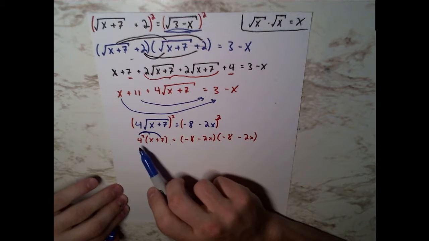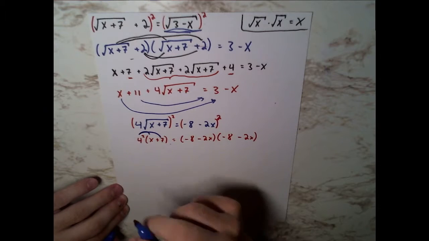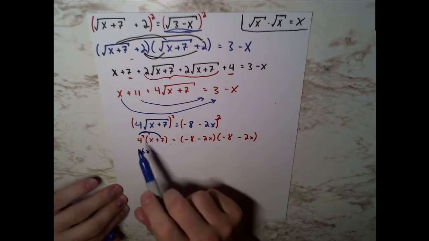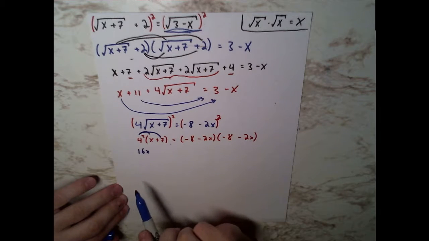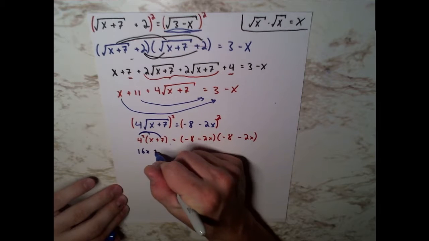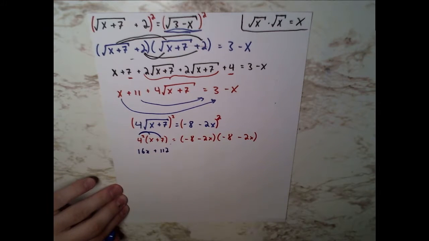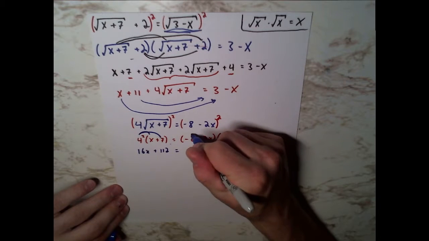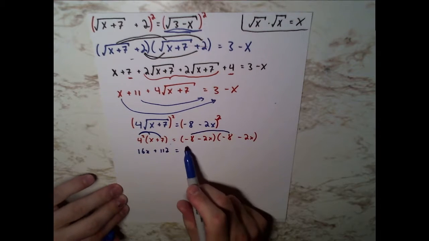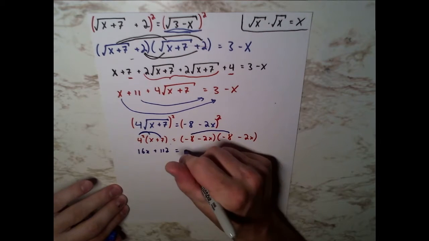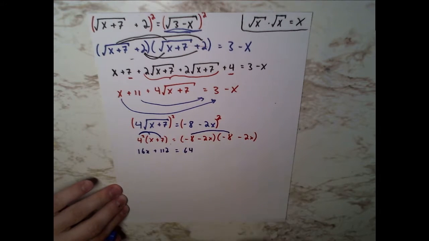So I'm going to distribute this. 4 squared is 16, so 16 times x is 16x, and 16 times 7 is 112, and then we have to FOIL this out. So we have our first term, which is negative 8 times negative 8, so that's positive 64.